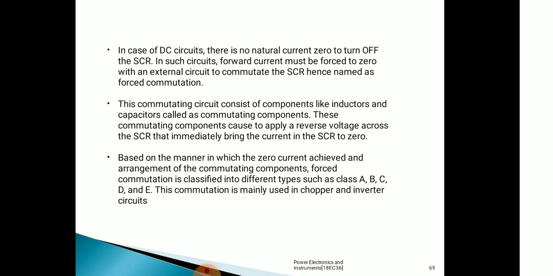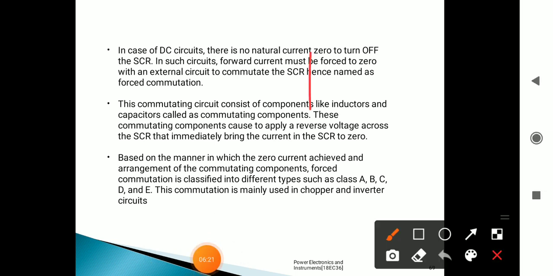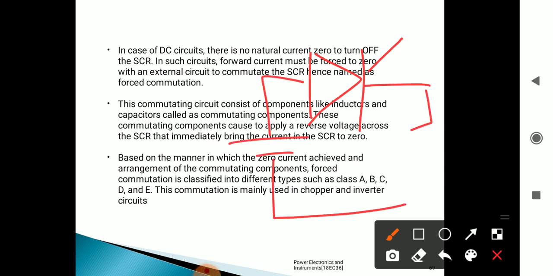The next one is the DC circuit, that is forced commutation, as the supply here is DC. Again, if we consider the circuit of an SCR, and for this SCR we give a DC supply of a battery of some voltage, this type of commutation circuit is called forced commutation, because the supply here is DC.